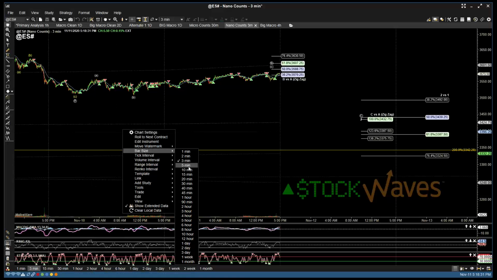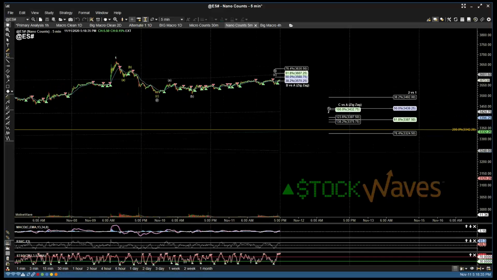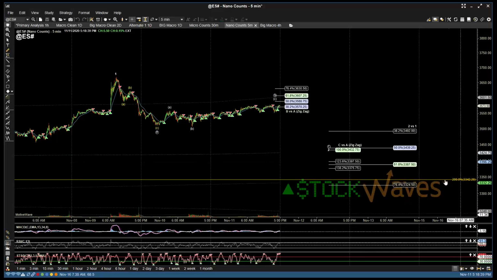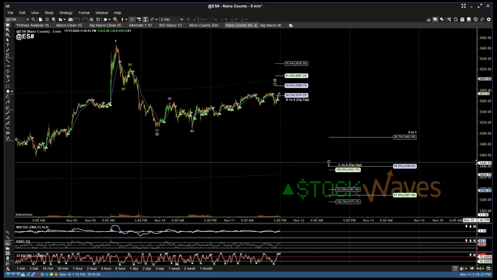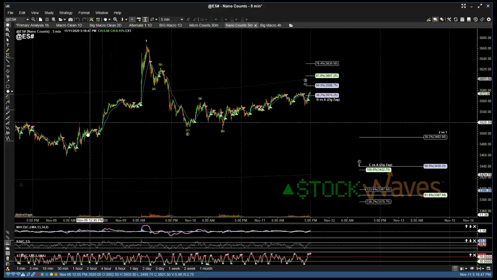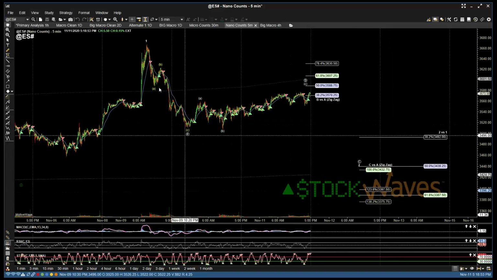Let's go to the 5 minutes so we can see. You guys will notice what time frames I like to look at. When I'm selecting a time frame, I want to see as much detail as possible, but also provide some context. So that's the factor that I use the most in terms of trying to determine what time frame to show you guys and what to look at myself.